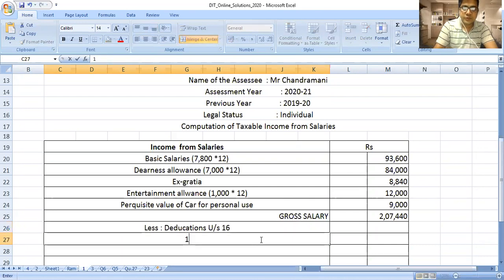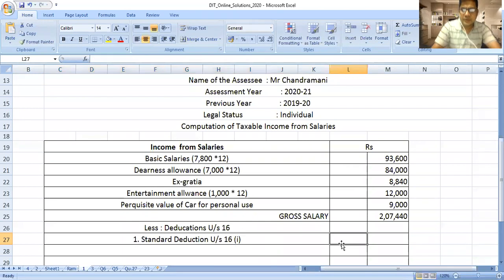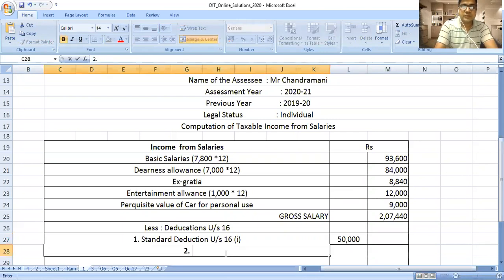The first deduction is the standard deduction under section 16, subsection 1. Standard deduction is always 50,000.